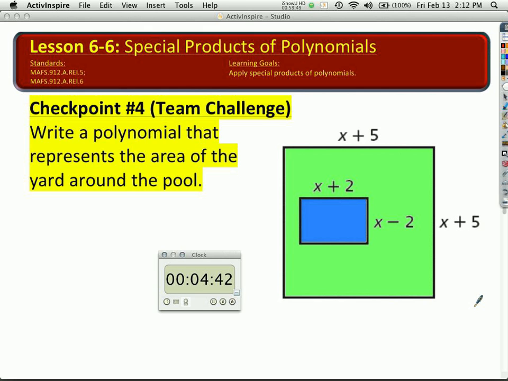X squared. Five. No, it's not. Oh, I got one.